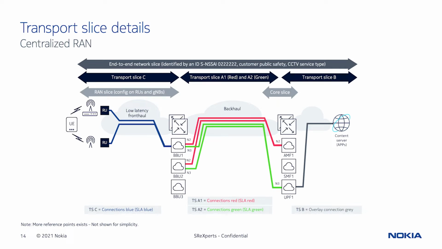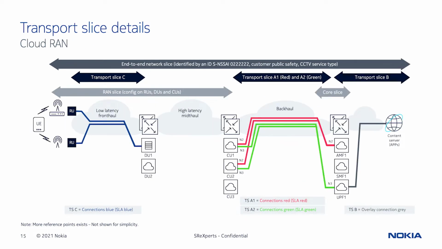If we extend the same concept one more step further, we come up with the Cloud RAN. In the Cloud RAN, we basically take the BBU and disaggregate it into the real-time and non-real-time components. We call them DU and CU respectively, and we will introduce another network called high latency mid-haul in the middle.